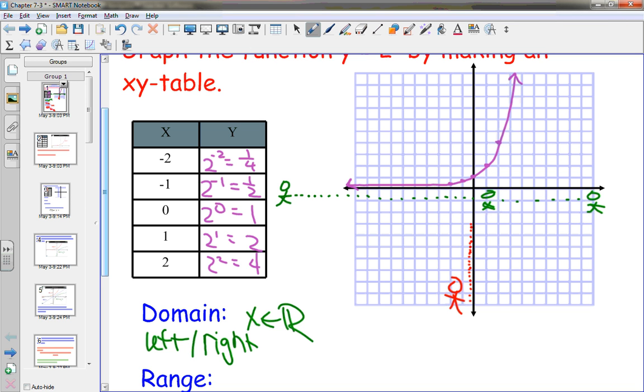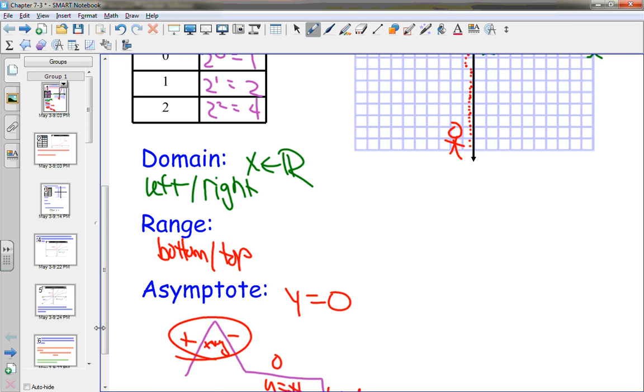Where do I run into a graph? I don't run into a graph until I get to where? The x-axis. But can it be the x-axis? No, because the x-axis has what on it? It has an asymptote on it, which means the graph cannot touch it.